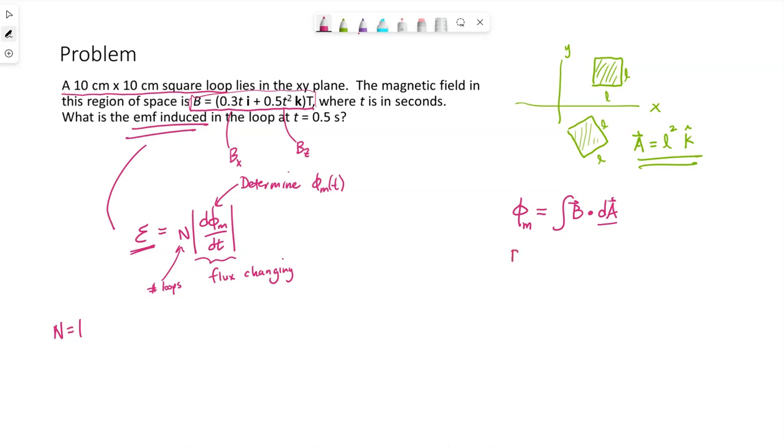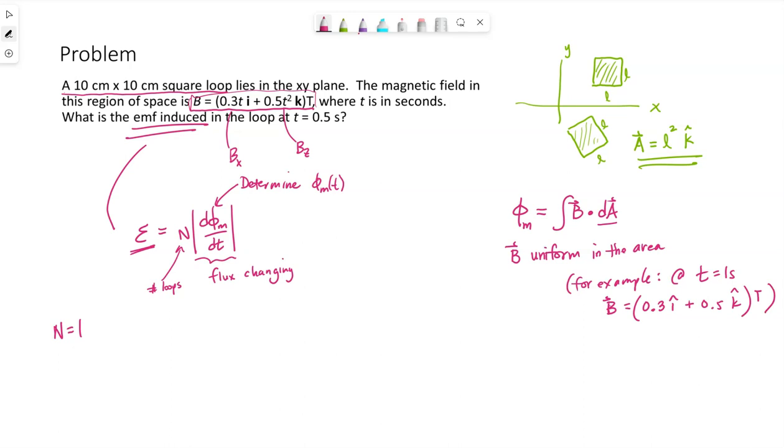That means the magnetic field in this case is uniform in the area. So, for example, at time equals 1 second, just to choose an easy value to put in, if I put in 1 second into this equation given in the problem, I get 0.3 i hat plus 0.5 k hat.